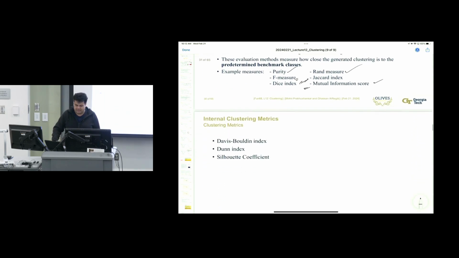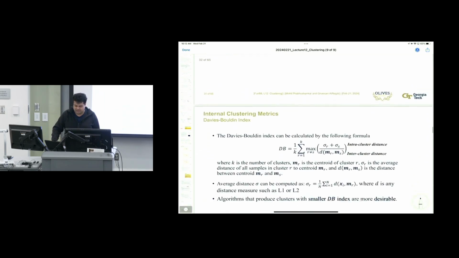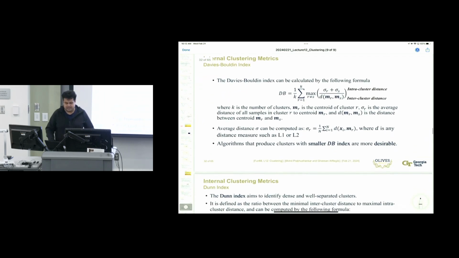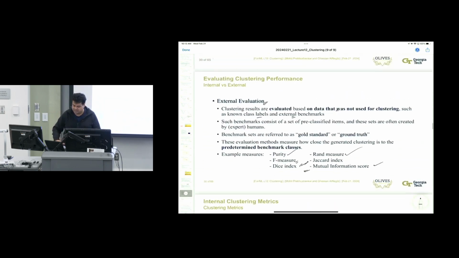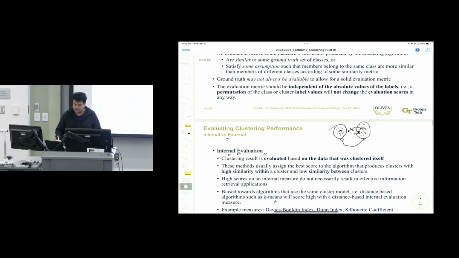So let's start with the internal clustering metrics. The first one is the Davies-Bouldin index, a very intuitive metric in terms of what I need out of my clustering algorithms. Firstly, let's look at the denominator, which is called the inter-cluster distance. I want to make sure that the distance between my clusters is very high. That is, if I have some data like this, I want to make sure that there's nothing incorrectly clustered here, right?